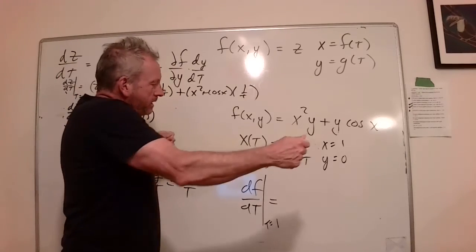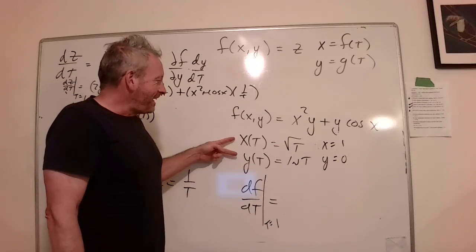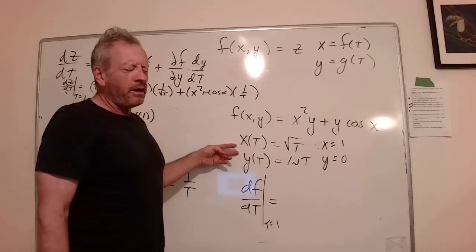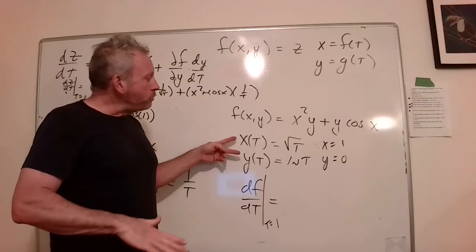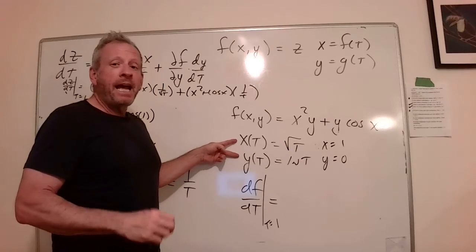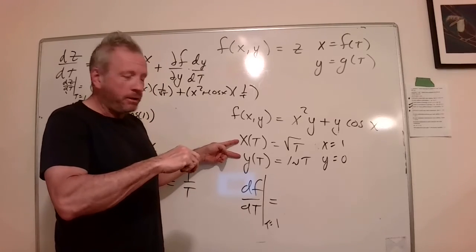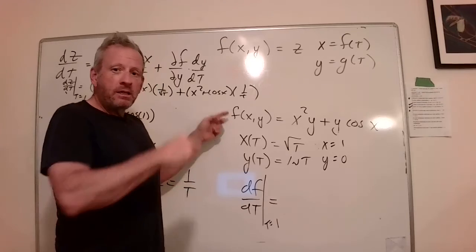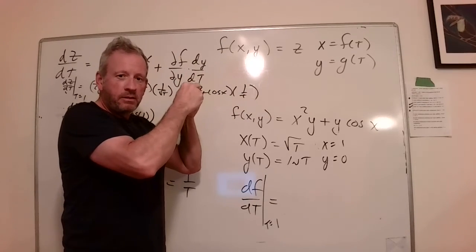As I go along that straight line, each value of t I plug in here gives me a coordinate, an ordered pair in the xy plane. And so what would you be doing? You would be following a one-dimensional curve in the xy plane. And then this would be a curve on the surface of the graph.